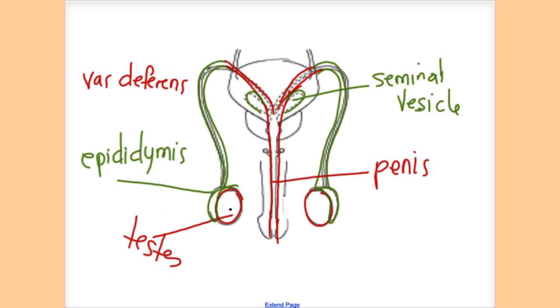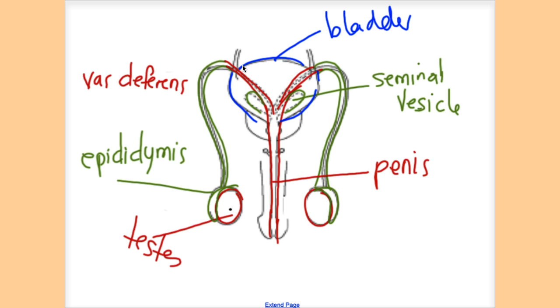These seminal vesicles produce semen, and it mixes with the sperm for ejaculation. This large structure just next to the male reproductive structure is the bladder.